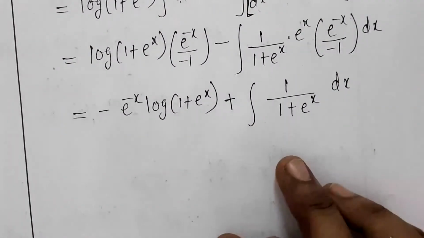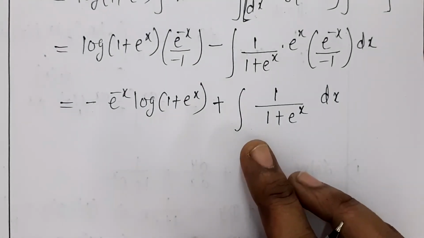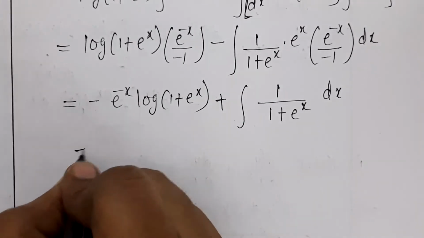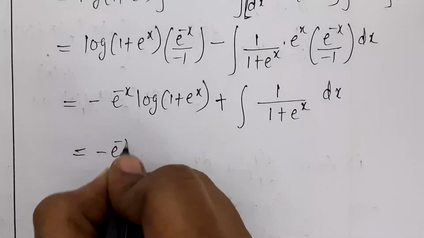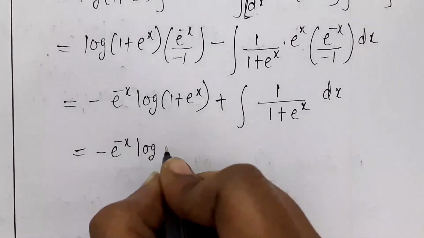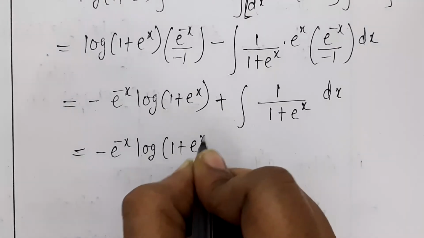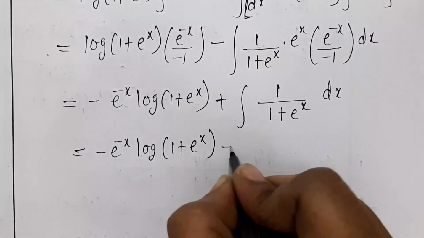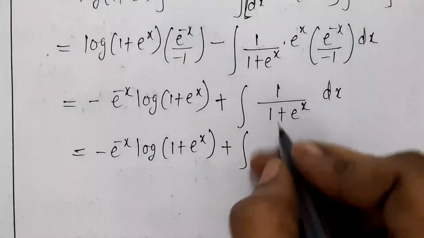Now how to simplify this integration? It is equal to minus e to the power minus x into log of 1 plus e to the power x. Integration is plus. Here we have to adjust some term.